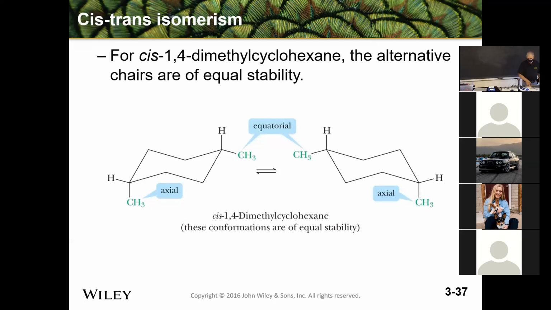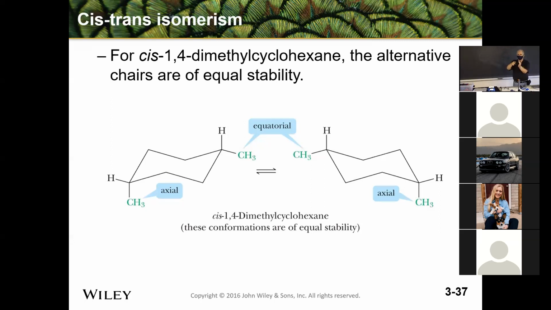To go from trans to cis, I can't just fold the ring, I actually have to break a bond and reform it in a different place. So this is cis. Both methyls are on top, one is axial, one is equatorial.